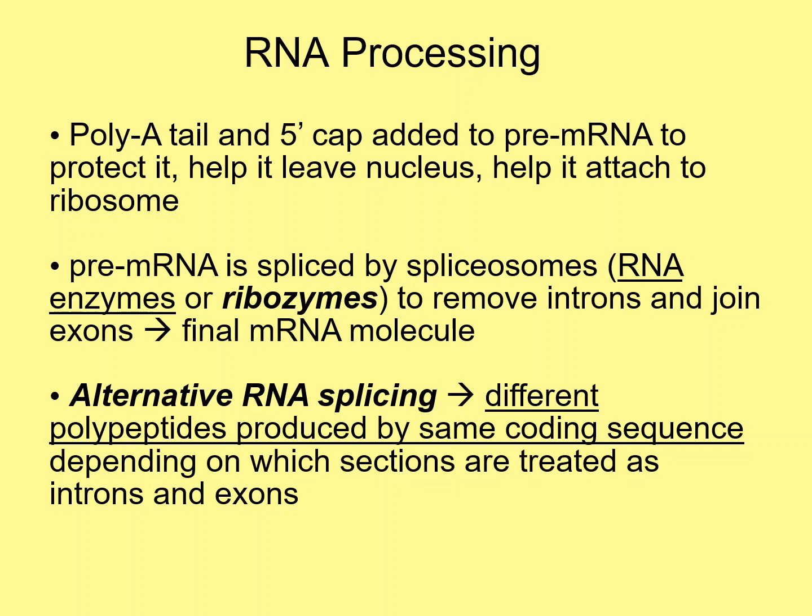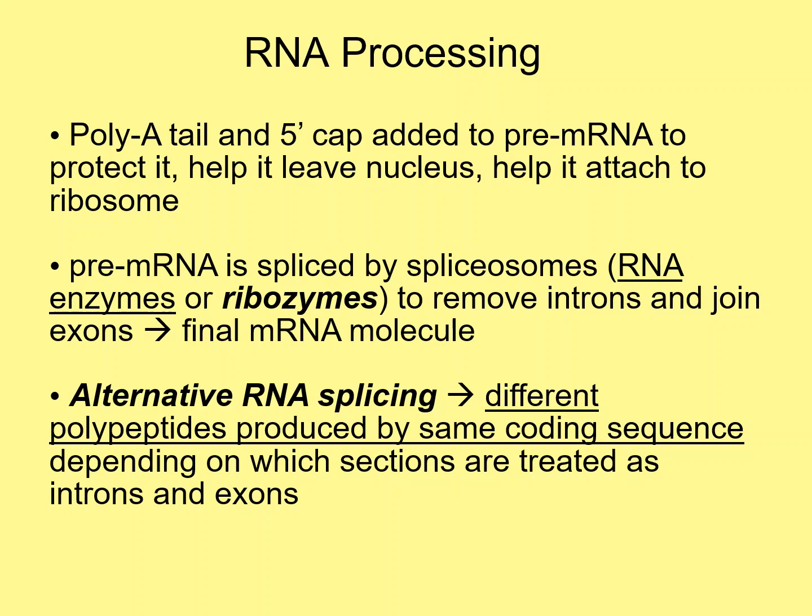And in another cell, those spliceosomes see that intron and say, oh, actually, I'm X type of cell, I am going to treat that section as an exon, a coding section, and maybe I treat an exon as an intron and cut that out instead.